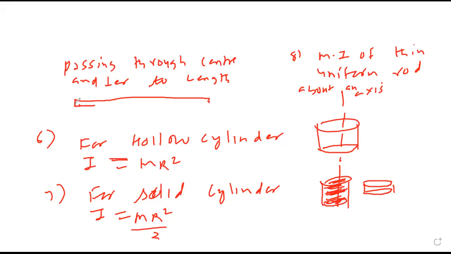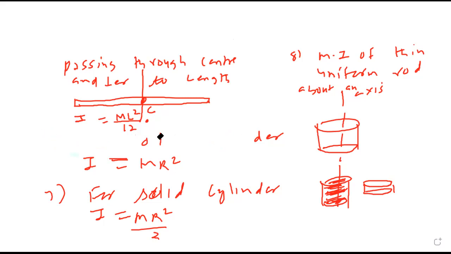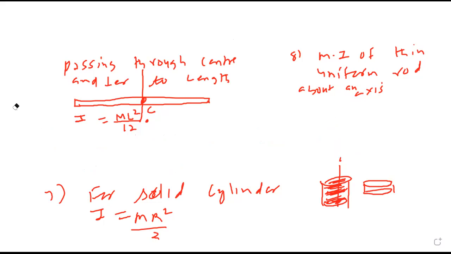Thin rod, moment of inertia about an axis passing through the center, I equals m L square upon 12. Nine.